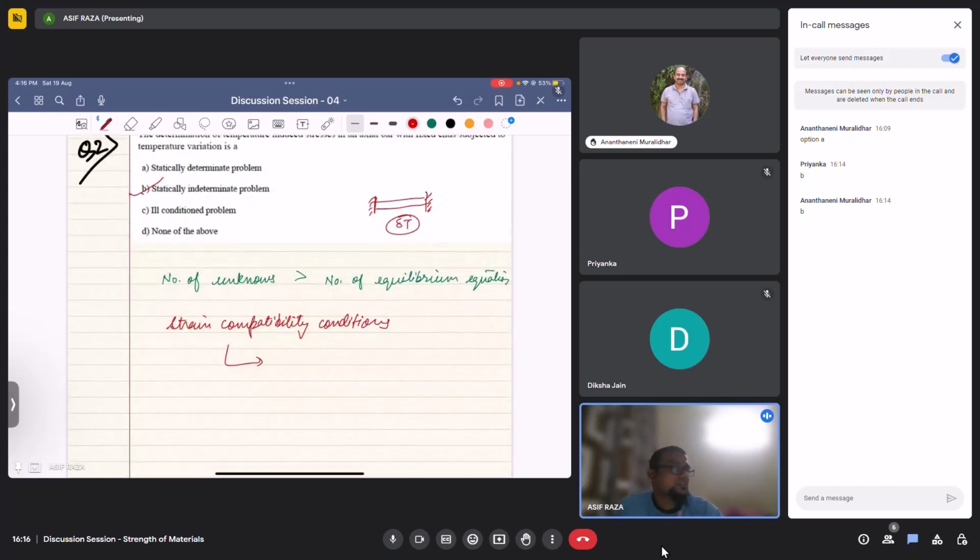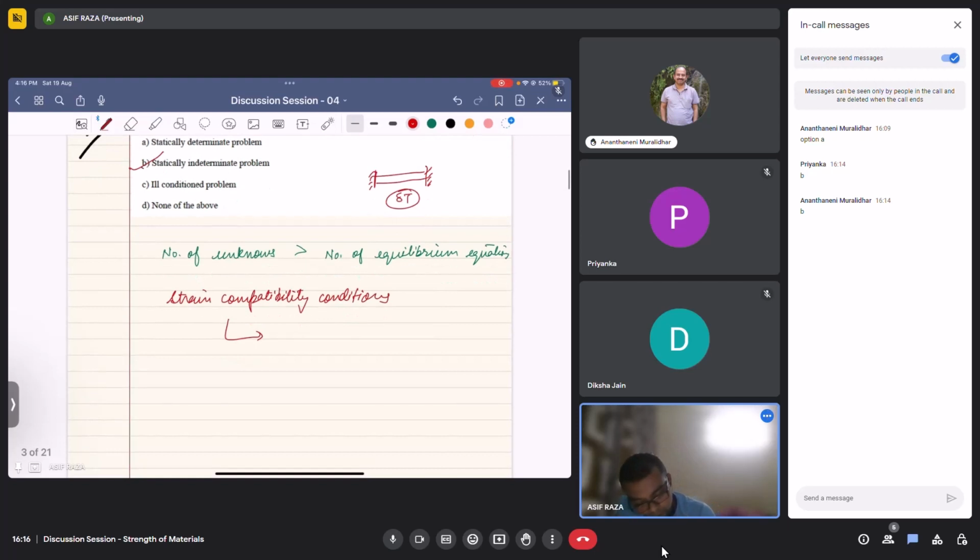Suppose I discretize the system and solve it element wise. Let us take this system only, with various elements.